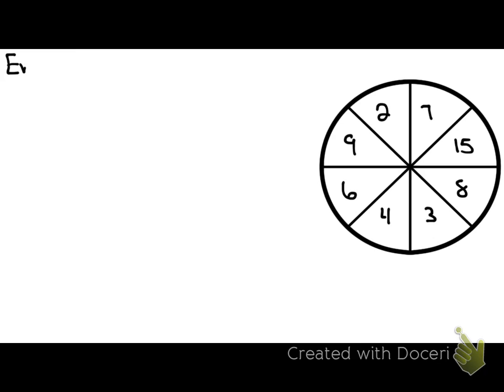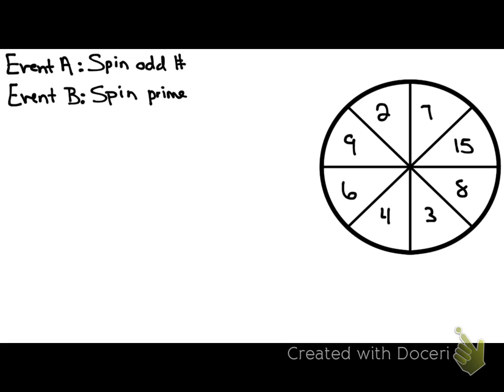Here are my events. Event A is that I spin an odd number. Event B is that I spin a prime number. The first thing I want to look at is, are there any outcomes that will be both odd and prime? That will help me determine, are these disjoint or overlapping?